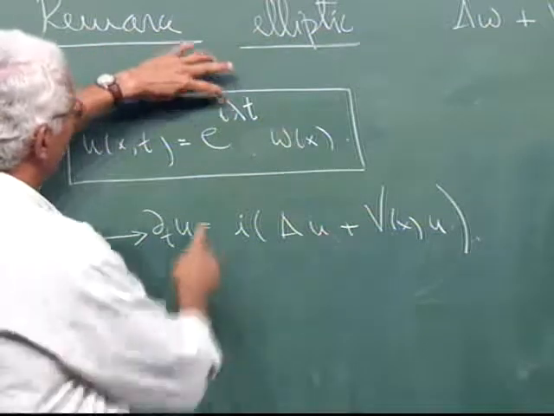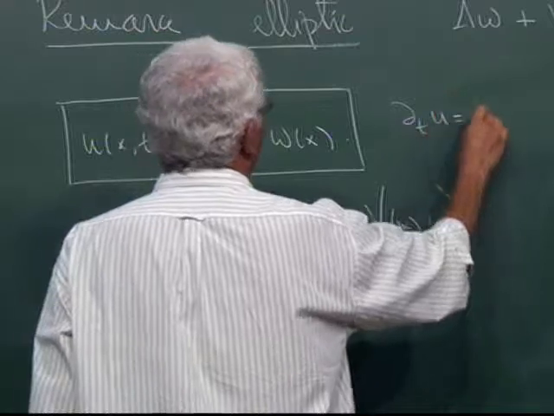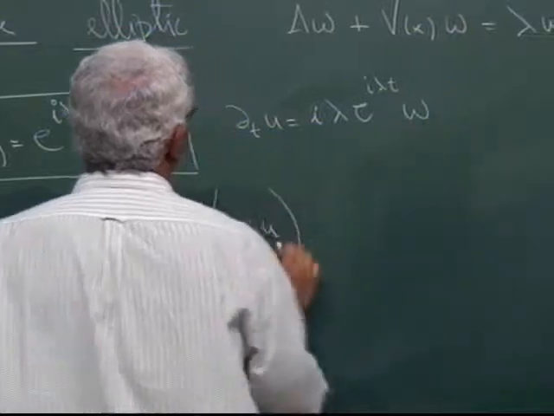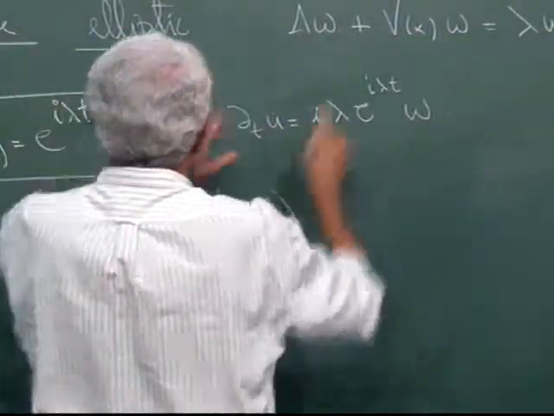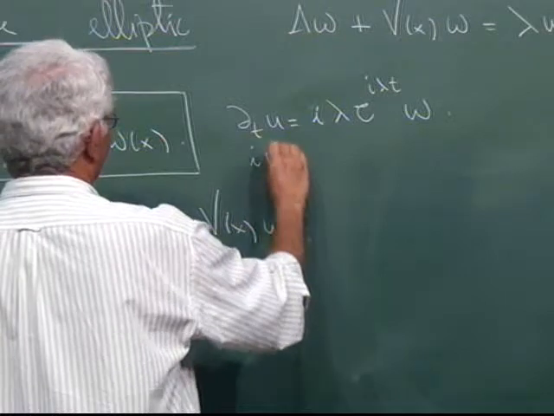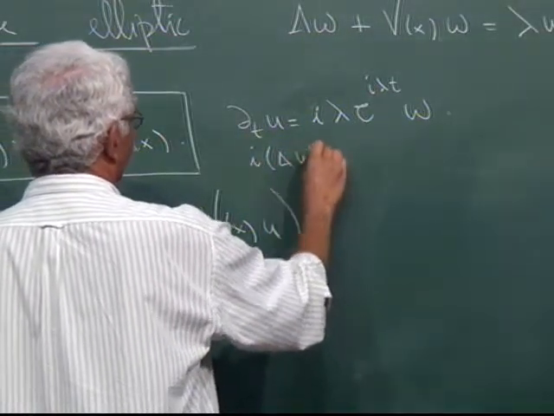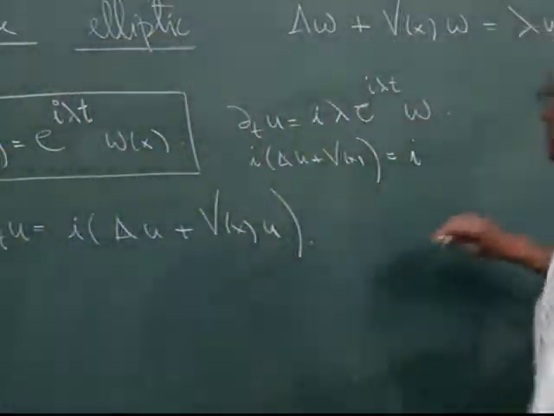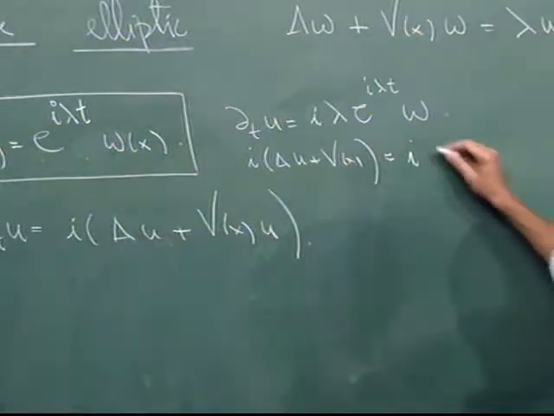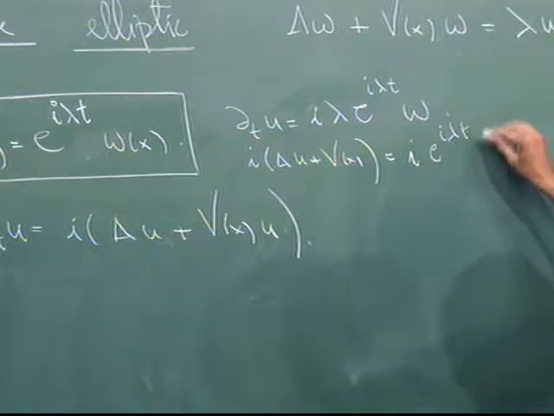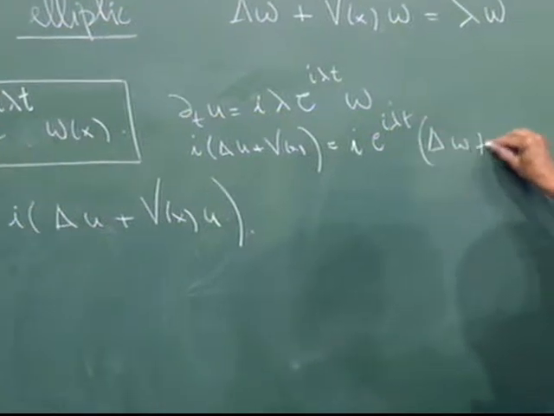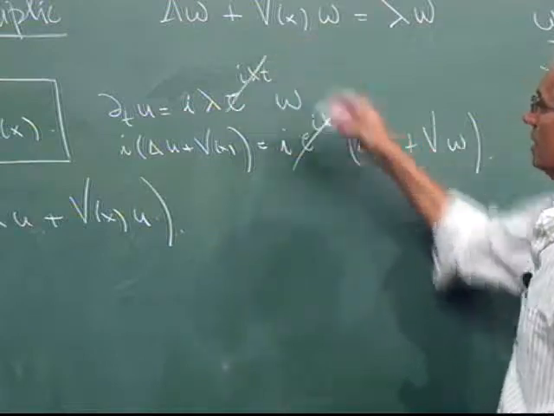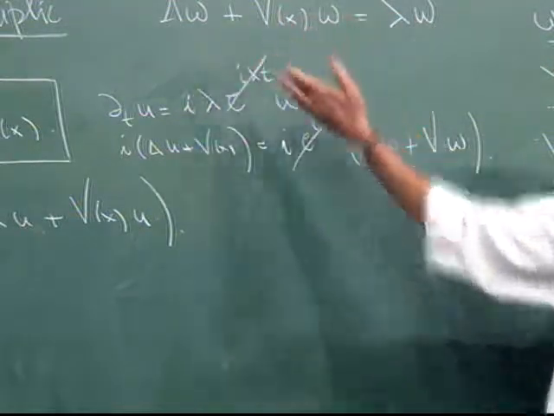The derivative with respect to t of u is I lambda, the exponential, W. And then when you apply this operator, multiply by I, this is exactly equal to I. You're going to apply it here. This is exponential Laplacian of W plus B of W. Then you cancel the exponential everywhere and the I everywhere, and you have this equation.